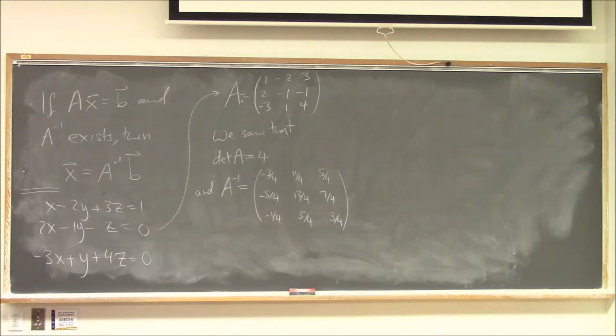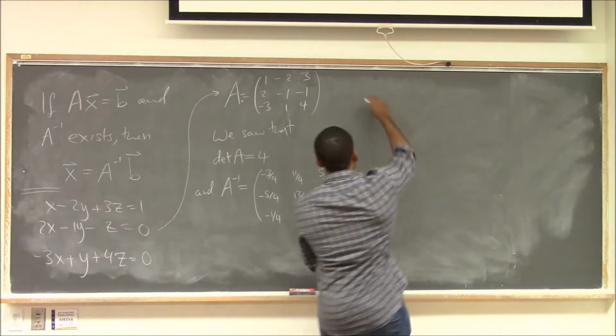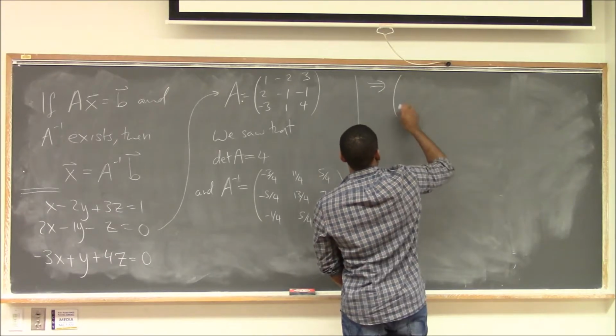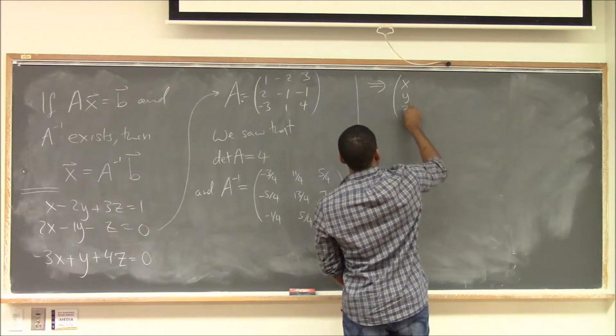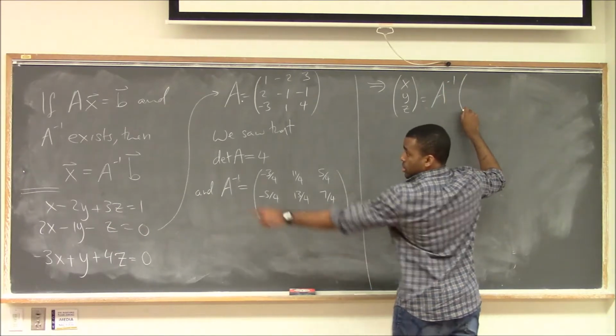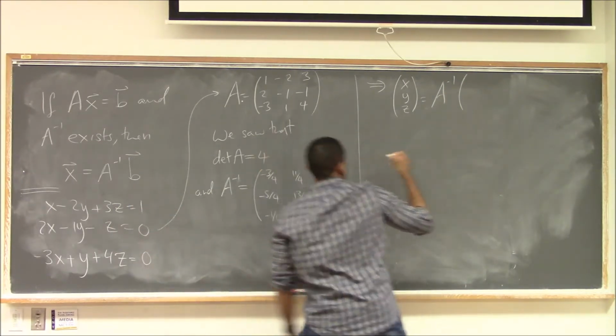And so, one thing you could say here is that once you find that, this would imply that your x, y, z would be equal to A inverse times the constant matrix over here.